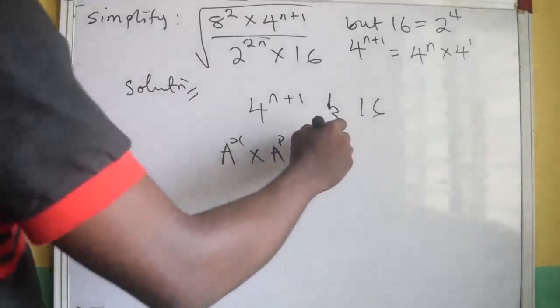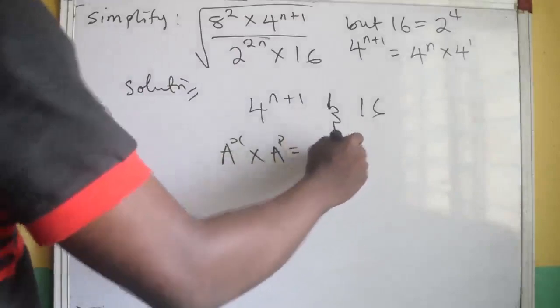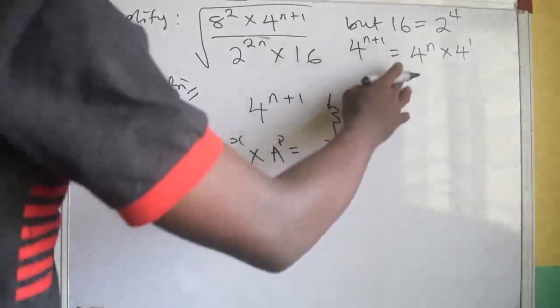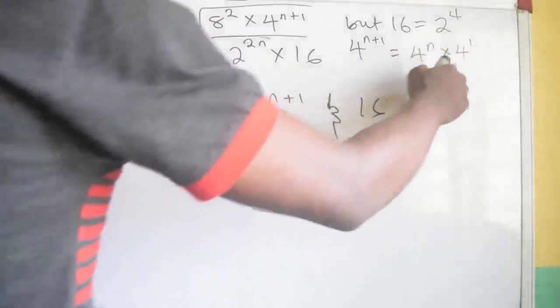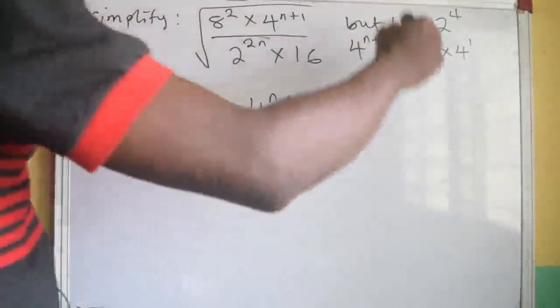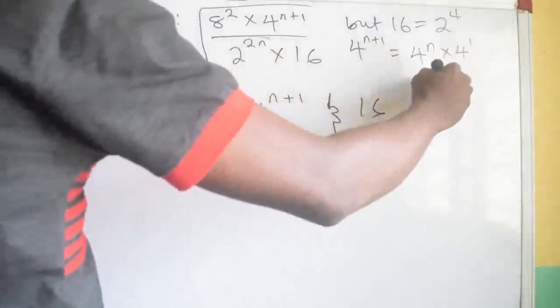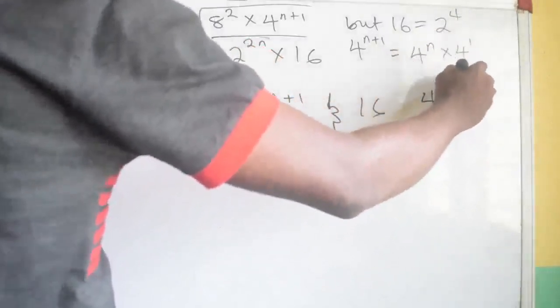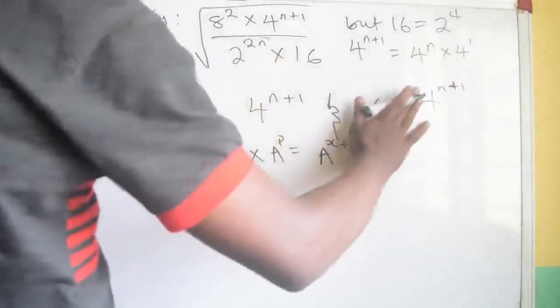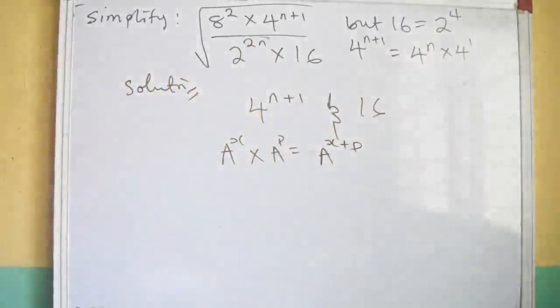Add the powers. We have x plus p. So since the bases are the same, we can pick one base and the powers are n and 1, so we add because of the multiplication. So these and these are the same. Since we have sorted it out, we are good to go.